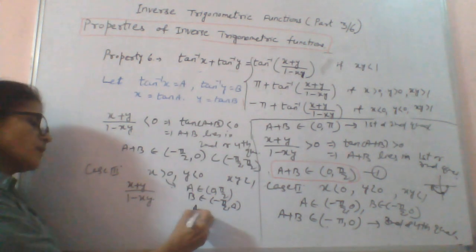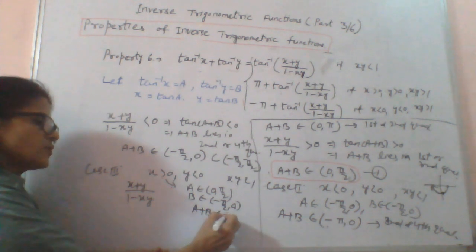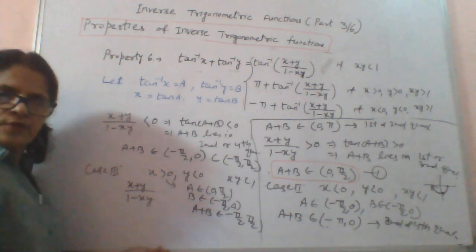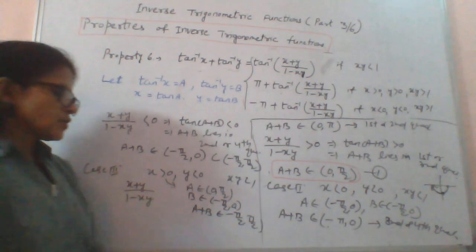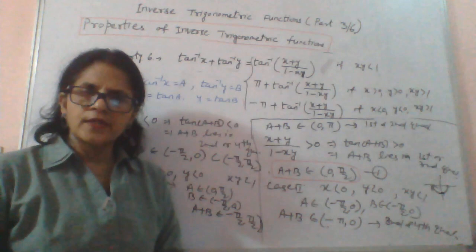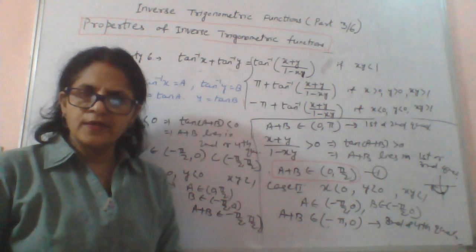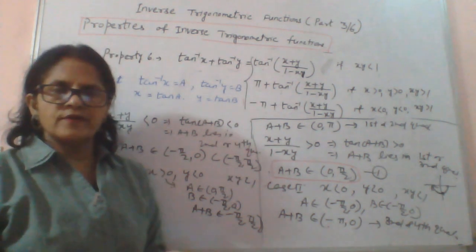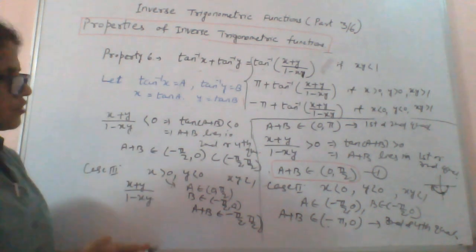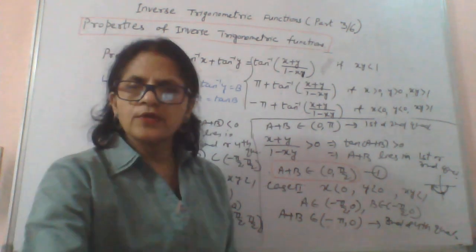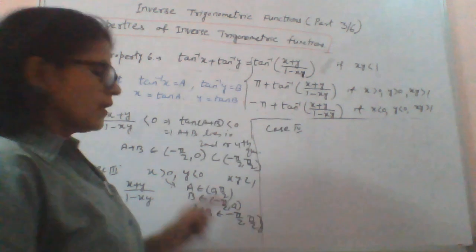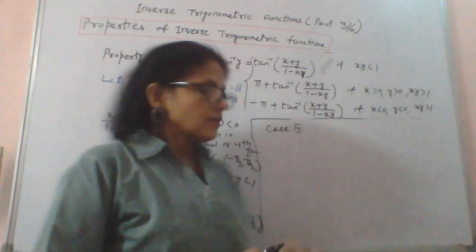So what about a plus b? A plus b belongs to the open interval (minus pi by 2, pi by 2), so again we are getting the prescribed domain, right? Where tan inverse of tan x is invertible. And I am showing this by taking the other case also. We have taken x greater than 0 and y less than 0.